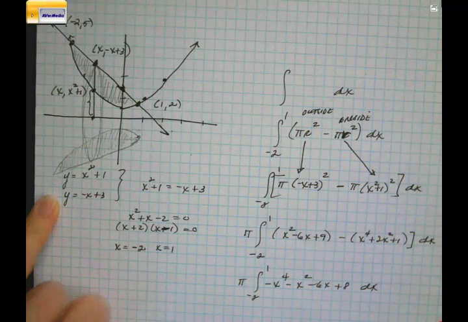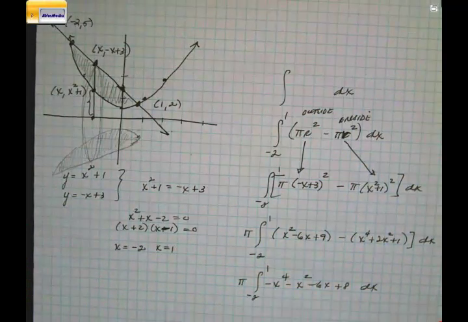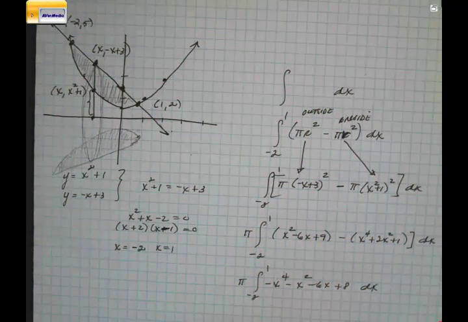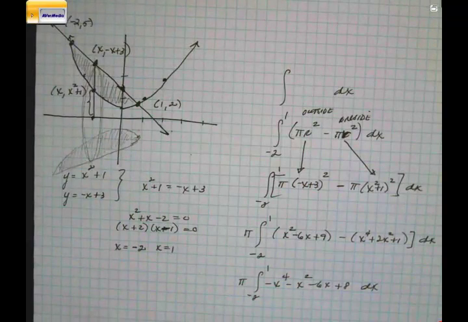I think I did that right. And when you integrate that, it takes a little time, you're going to come up with 117 pi over 5 cubic units to be the volume of that figure.